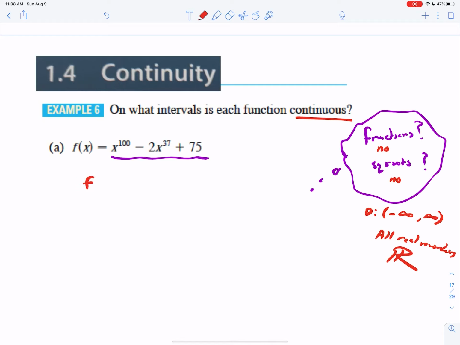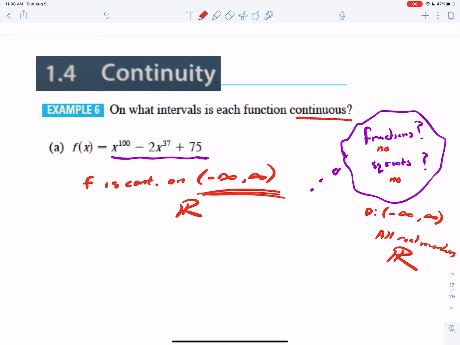So f is continuous on all real numbers. I like to write interval notation. Some people like to use the fancy R, but then again, that's not always the case. So I encourage you guys to write interval notation there. Okay? So notice how I didn't have to use all three conditions. So this is kind of like the backdoor entrance to explaining how continuity works.